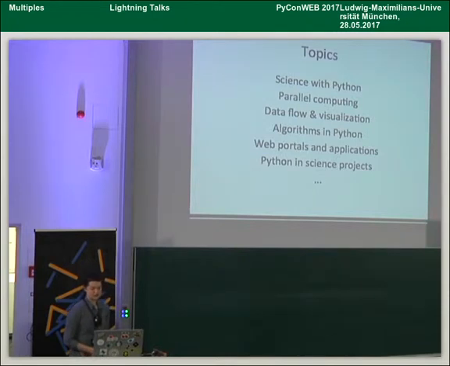We have data flow and visualization, many different scientific algorithms in Python, web portals and applications, which are very, very important for many scientists, also for many non-programmers. And Python generally in big science projects. So there will be some talks on science projects which include Python and are quite successful already.